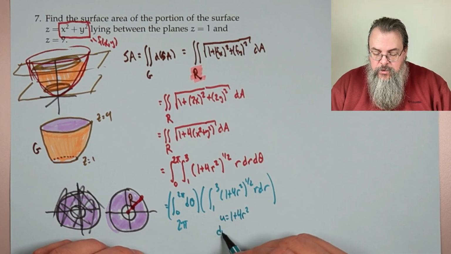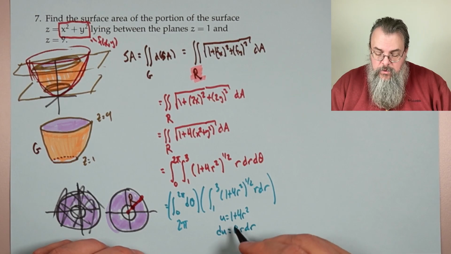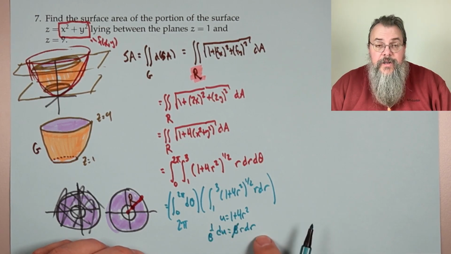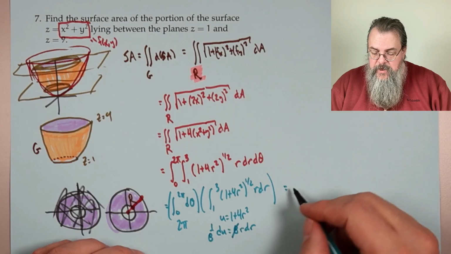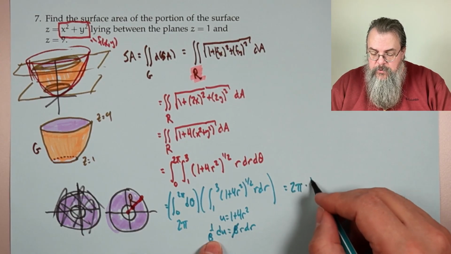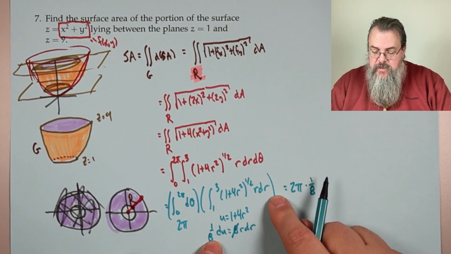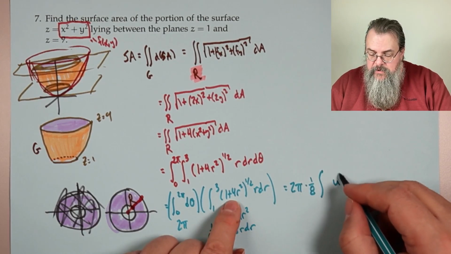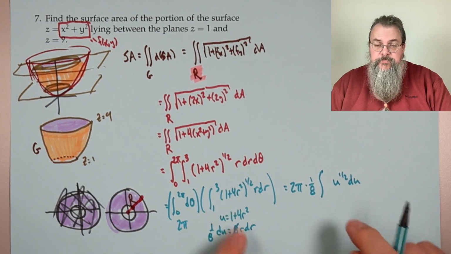What would du become? 8r dr, or 1/8 du is r dr. So we have our 2 pi, don't forget that, our 1/8, which comes from the r dr, times the integral of u to the 1/2 du.